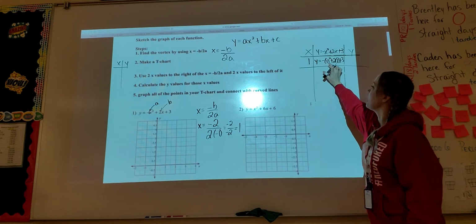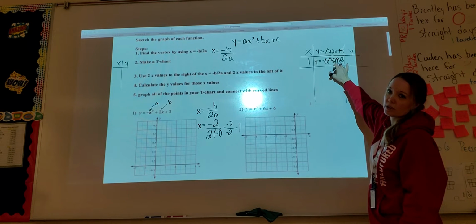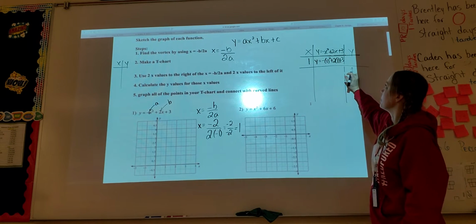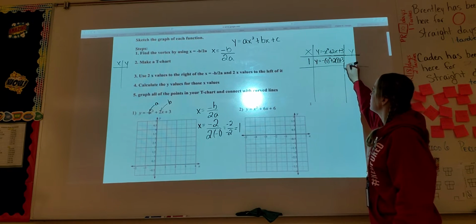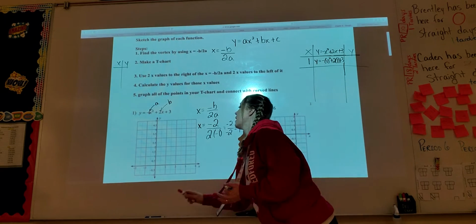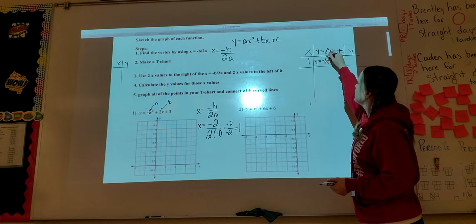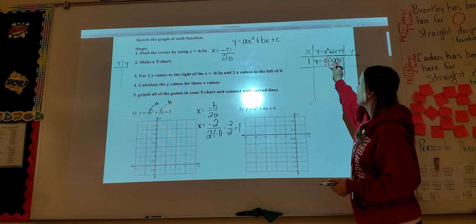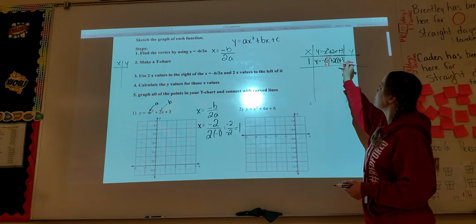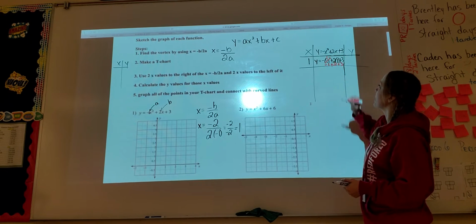So I've got negative, and then in parentheses 1 squared, plus 2 in parentheses 1, plus 3. And then I would work that out to figure out my y. So let's work that out. I've got 1 squared is just 1, but that's a negative 1 out there. So this is going to be negative 1 right here. And then plus 2 times 1, so plus 2, and then plus 3.